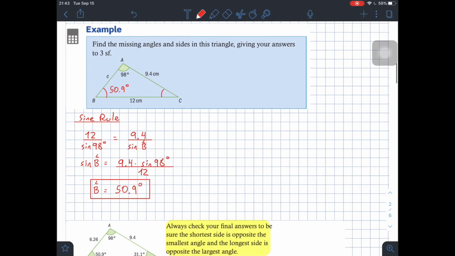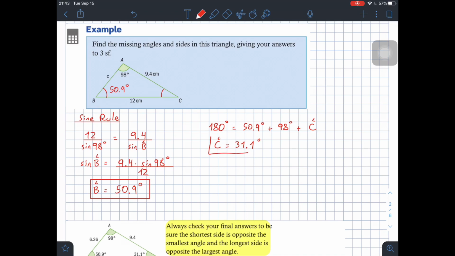So we can say that 180 degrees is equal to 50.9 degrees plus 98 degrees plus angle C. And by solving this, we're going to get the value of angle C, which would be equal to 31.1 degrees, if you do this in the calculator.